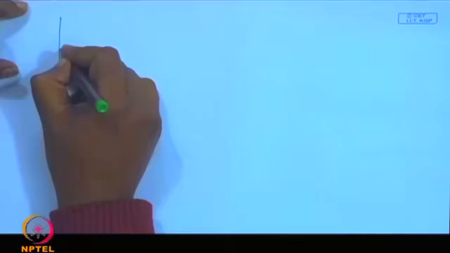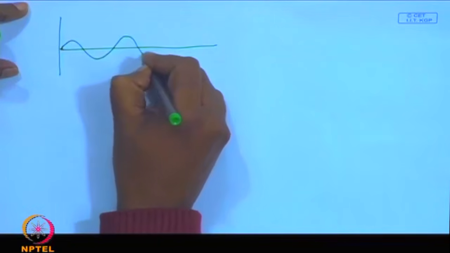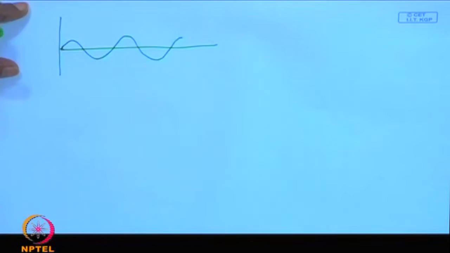So, when we talk about the problem of pattern recognition, let us try to see what is meant by pattern recognition, or specifically what is meant by a pattern. If I draw a simple diagram, something like this, this is nothing but a pattern.